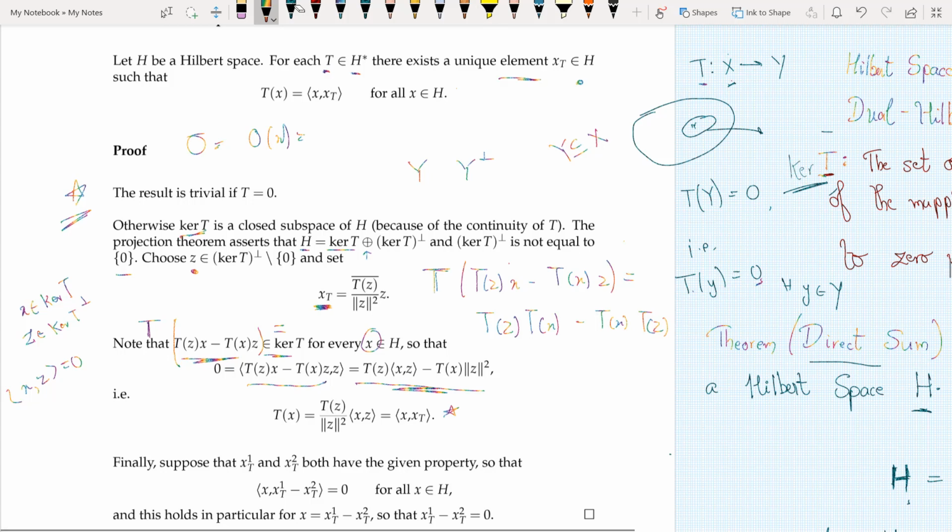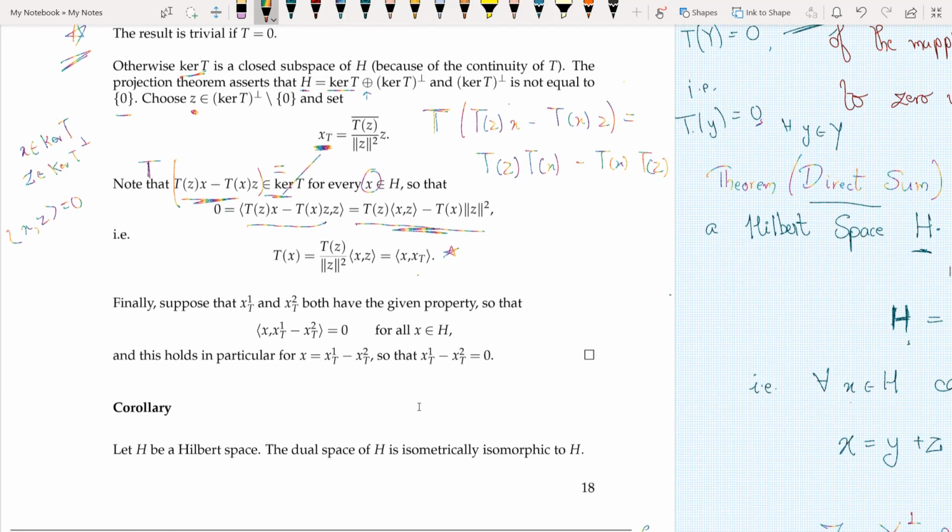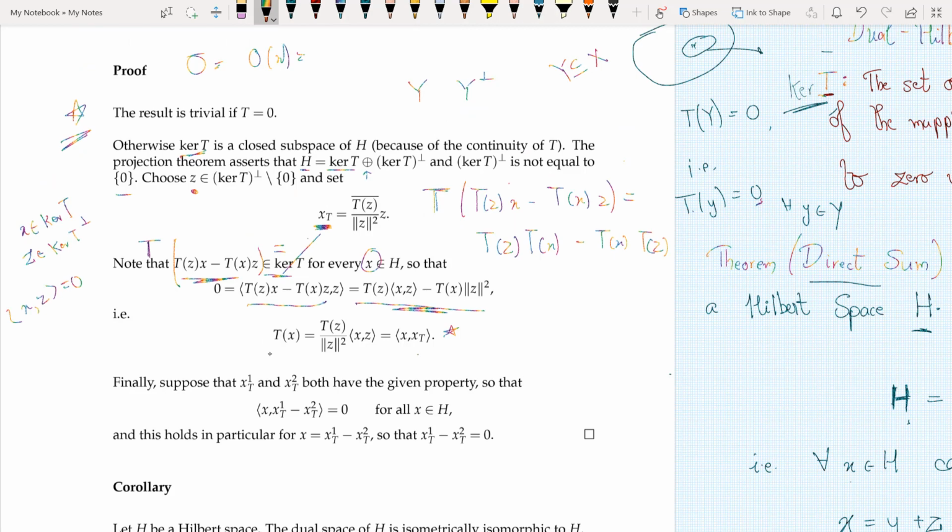Now another thing I want to show is that there is a unique element xt, not just any element. I need to prove the uniqueness of my xt. How would I prove that uniqueness? I would take any two xt's. Suppose I have two elements, xt1 and xt2, such that T of x is equal to the inner product of x with xt1 and is also equal to the inner product of x with xt2.